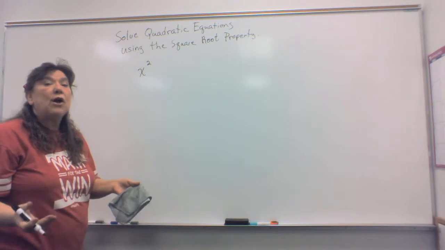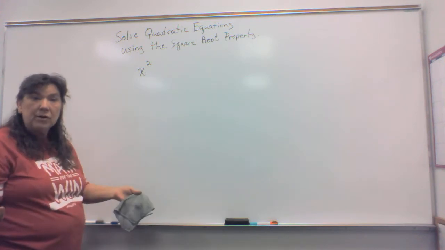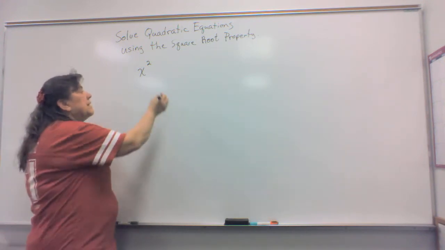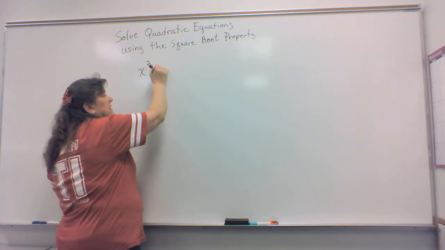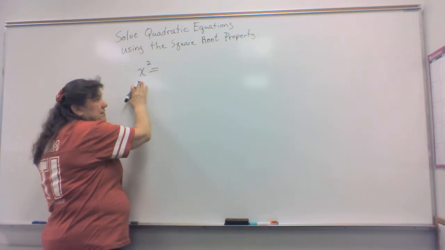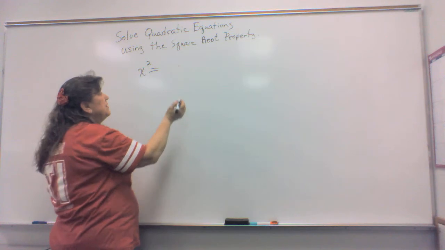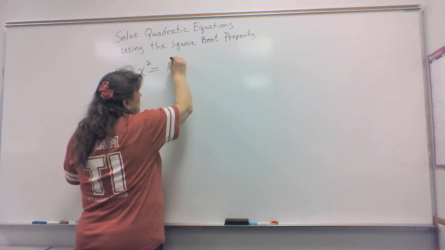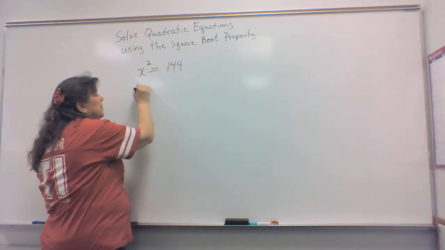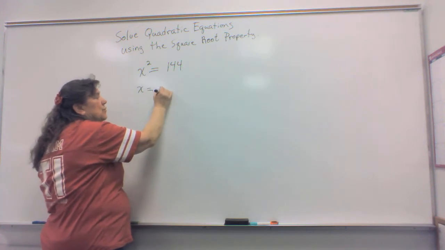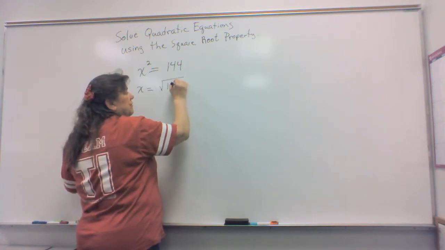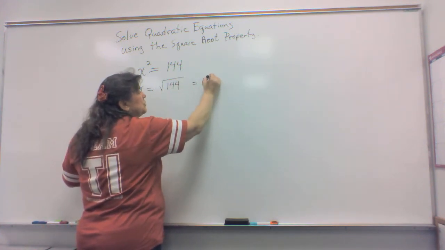We have actually already done this when we did our Pythagorean theorem, because we came down with things like the side squared or the hypotenuse squared was equal to like 144, and you did x was equal to the square root of 144, which was equal to 12.